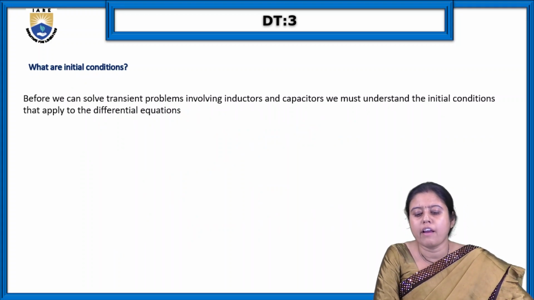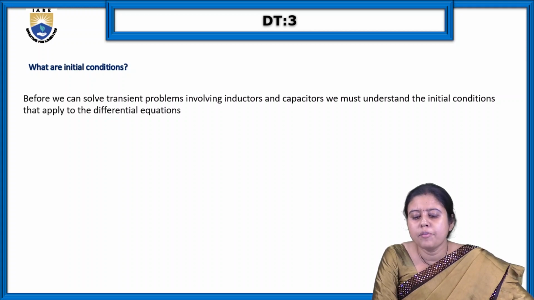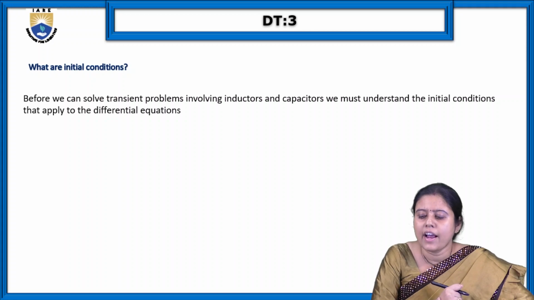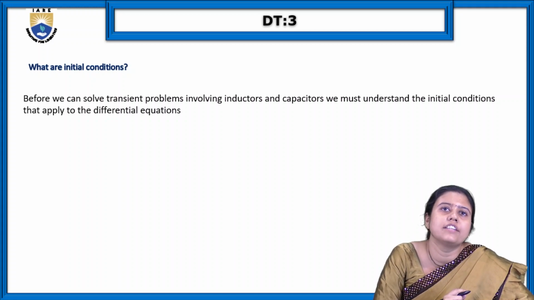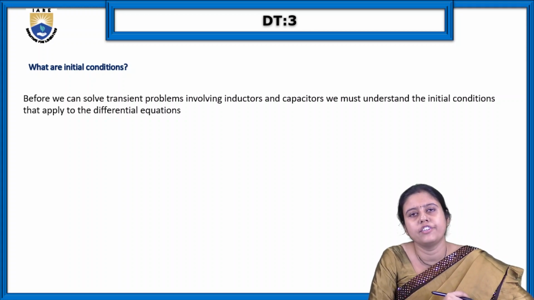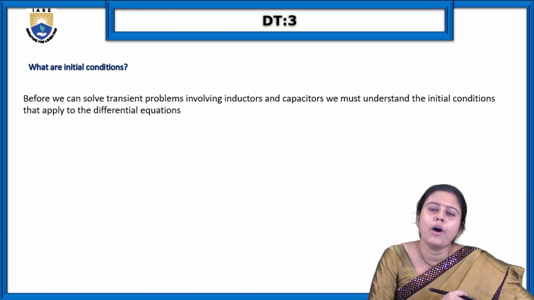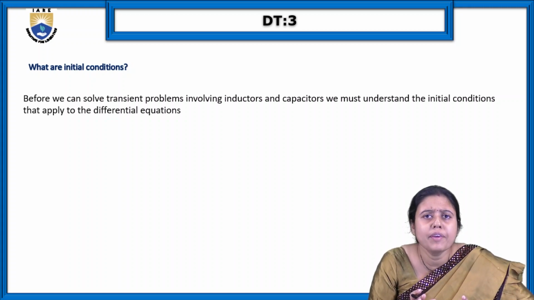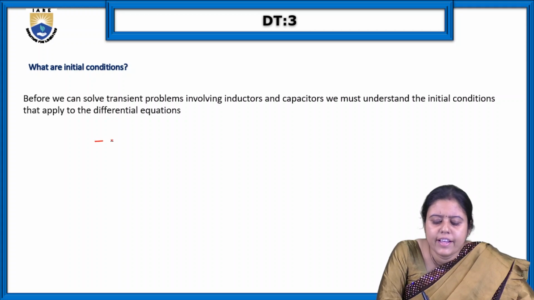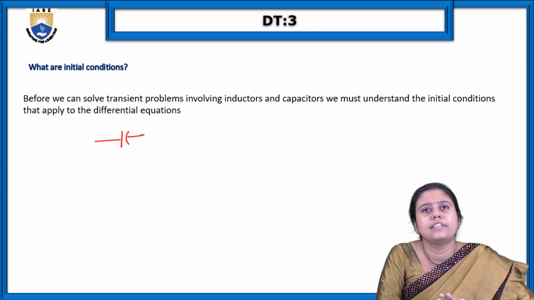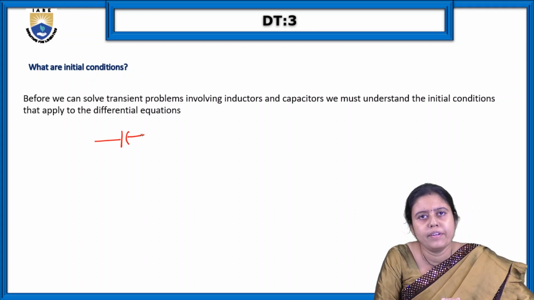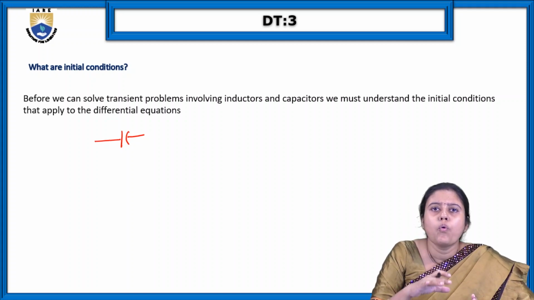Before we solve the transient problems involving inductors and capacitors, we must understand the initial conditions that apply to the differential equation. What is that? I am giving one simple example. Say you have a capacitor. What is the meaning of the capacitor?